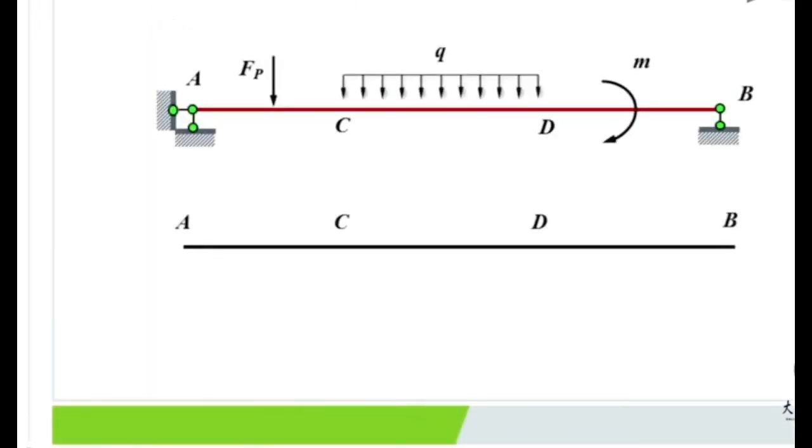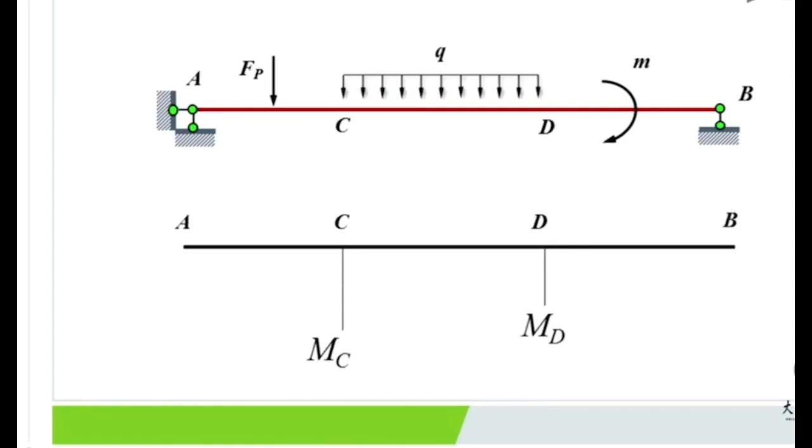So for the original structure, we could first determine the control sections' bending moments, such as MC and MD. Then construct the bending moment diagram of control sections by dashed lines. We suppose that MC and MD, the values here and here, are both lower side in tension.